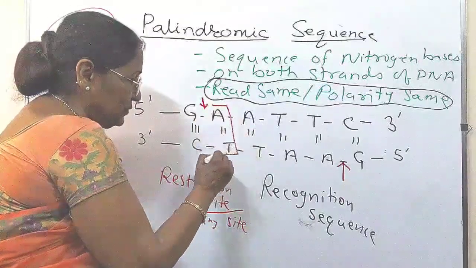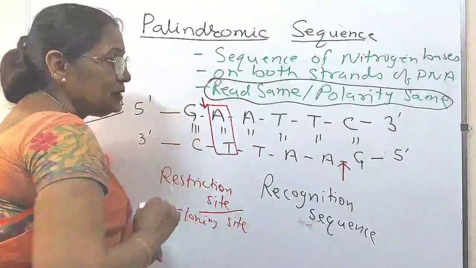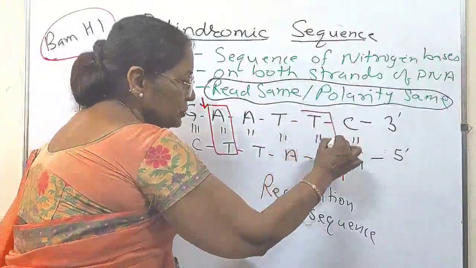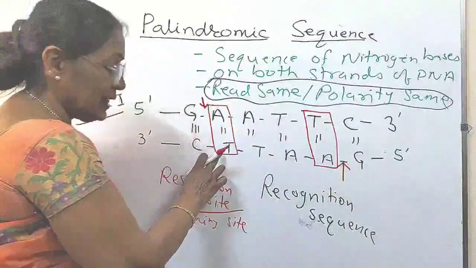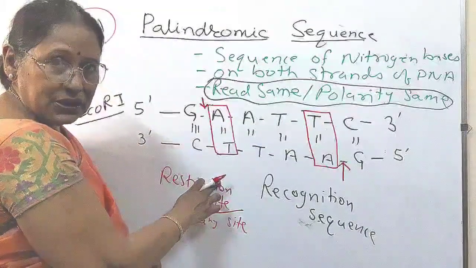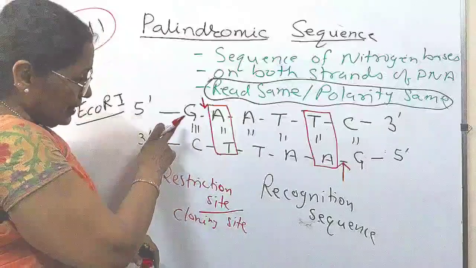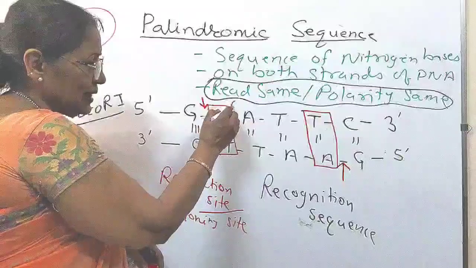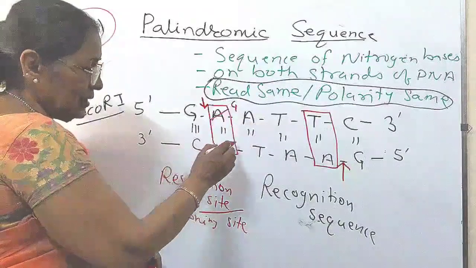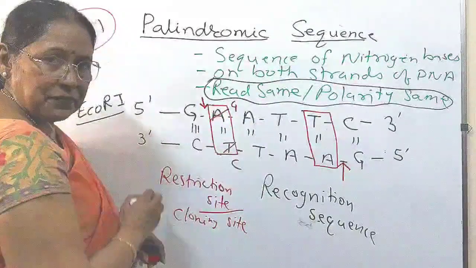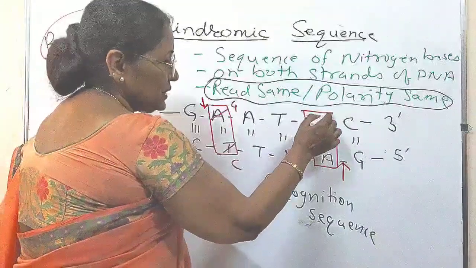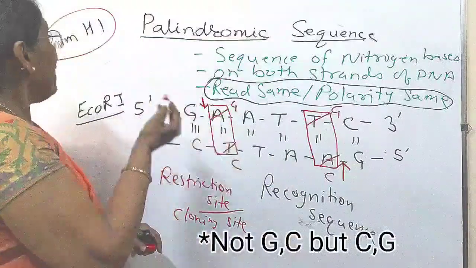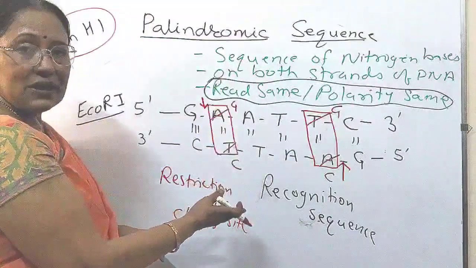The only change you have to make from the palindromic sequence of EcoRI is that on both sides, the second base pair, you have to change it, same like the previous one. On this side this is G, so this A will become G. This is C, this will become C. This side also do the same thing. This is G and this is C. And here your BamHI palindromic sequence is ready.